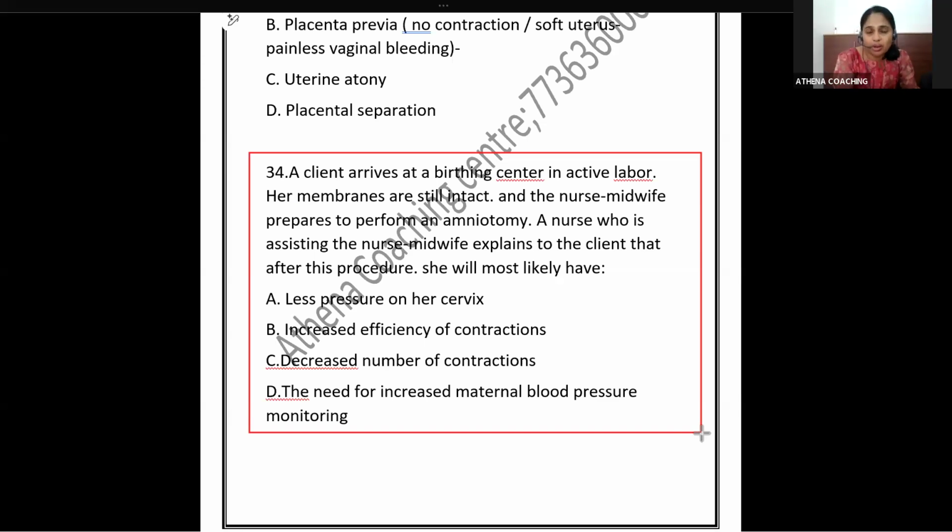Immediately when the fluid moves out, the fetus has to compensate for that, so the fetus will have rapid movement. While doing amniotomy, you have to closely observe the color of the amniotic fluid. And fetal well-being, how the fetus compensates for the situation, is also very important immediately after amniotomy. So what needs to be assessed?